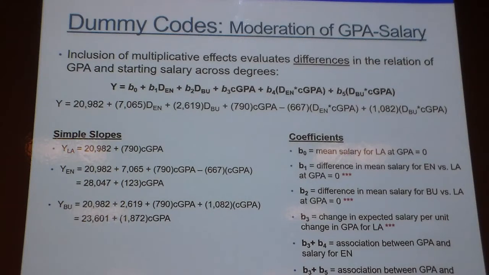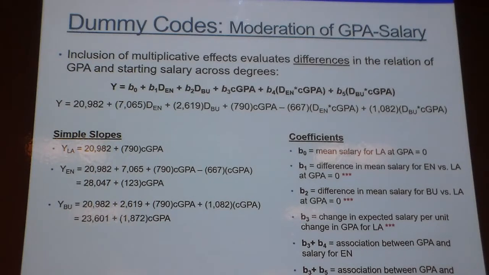I can get my simple slopes just by factoring things out, and that's easy. But if I want a test of whether that's a statistically reliable association, that's when I need to start playing around with things in SPSS. So here we see that for every unit increase in GPA, I see a $790 increase in starting salary if I'm a liberal arts major.